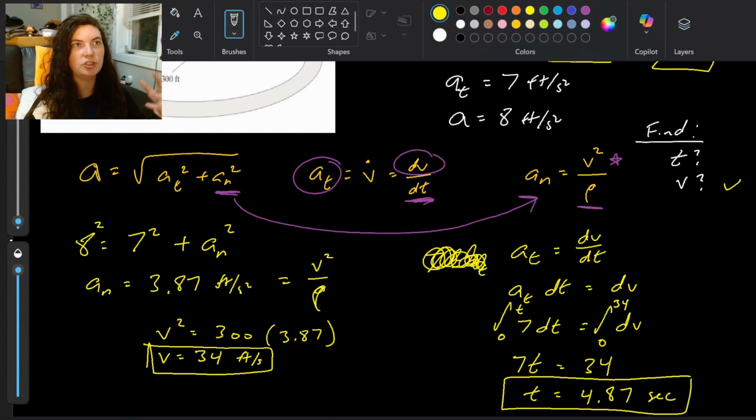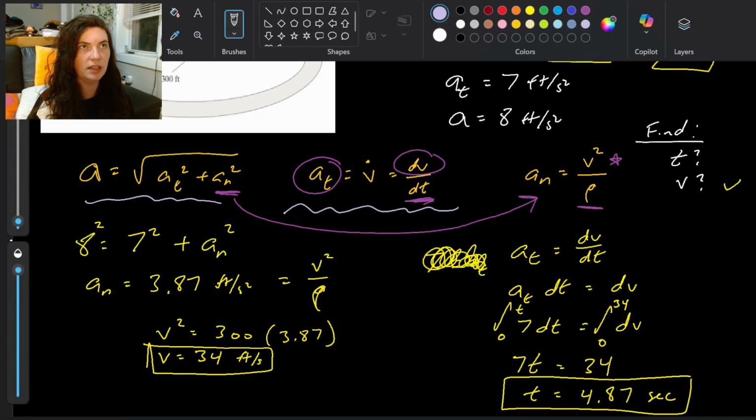It's a combination of a lot of these skills that we've been working with before. We're just using a little bit different coordinate system, but all of these things still interact in a very similar way. Our magnitudes are still the square roots of the squares. Our acceleration is still the derivative of velocity. It's just keeping in mind that sometimes there are some new equations.